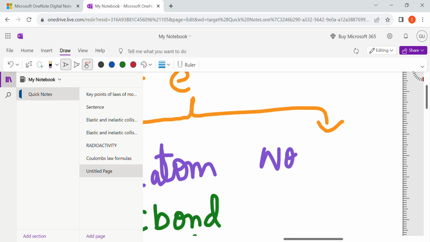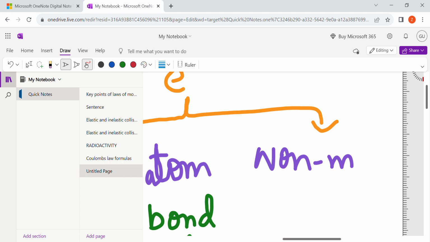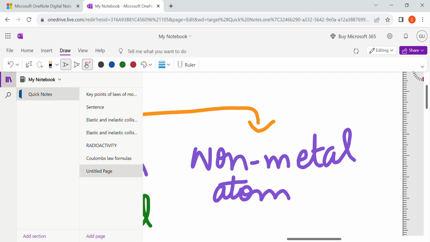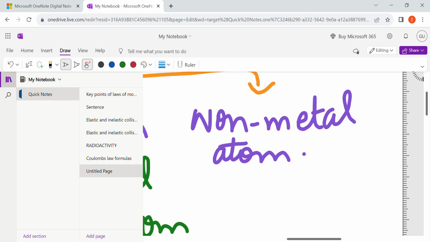Non-metal atom. Non-metal atoms do not have free electrons in them. They do not have mobile electrons in them. They make covalent bonding.